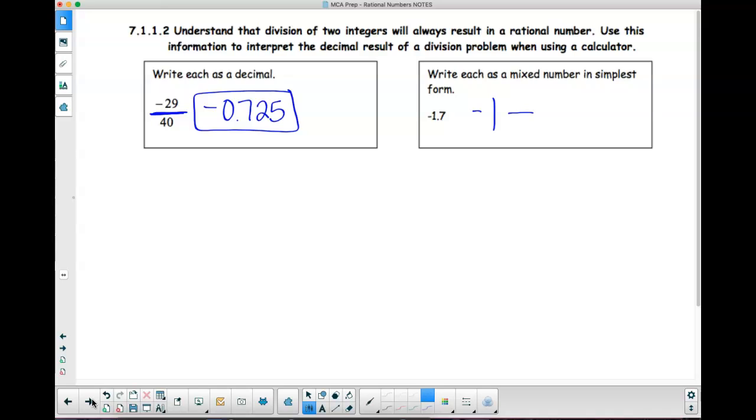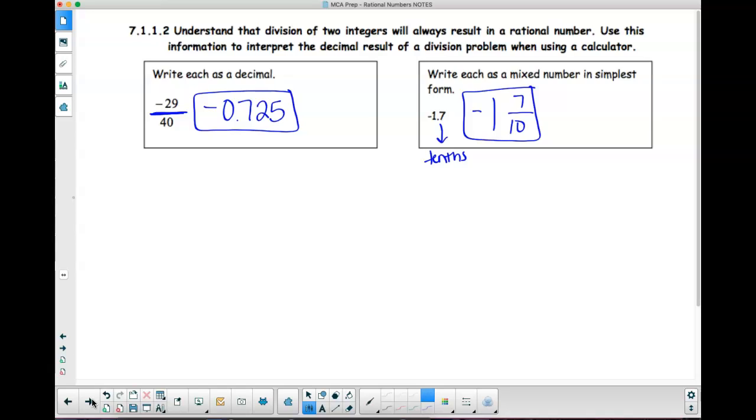If you were to read that in mathematical form, it'd be 1 and what? 7 what though? 7 over 100. Not over 100. Not over 1. 10, right? This is the tenths place. So it's 1 and 7 tenths. So negative 1 and 7 tenths. Can I simplify that at all?